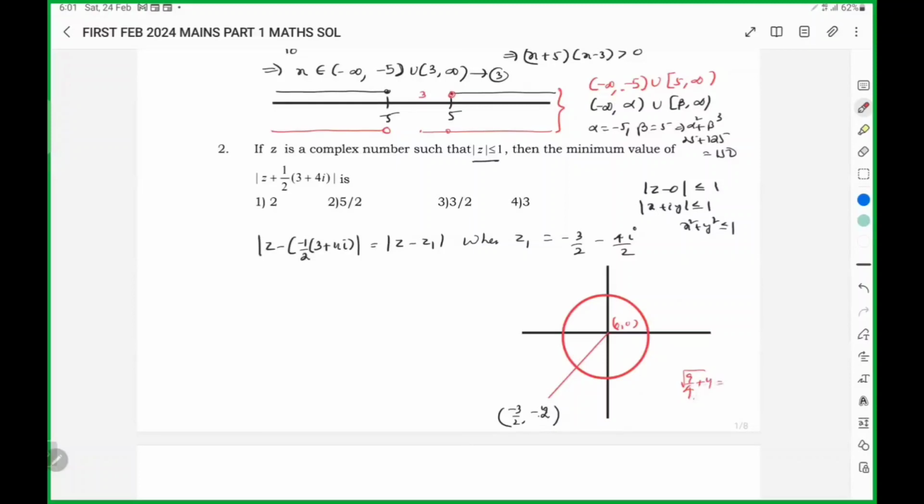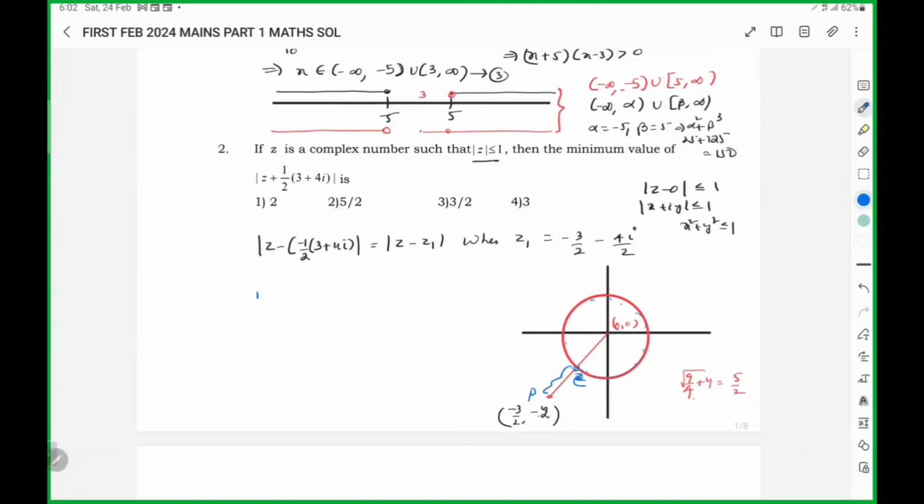So it is root of 25 by 4, which is 5 by 2, 2.5. It is not inside the circle, it is away from the circle. So Z is a complex number, which means there are many points on this circle and inside the circle, but the least distance between this point and a point on the circle is this. So here Z is a point.